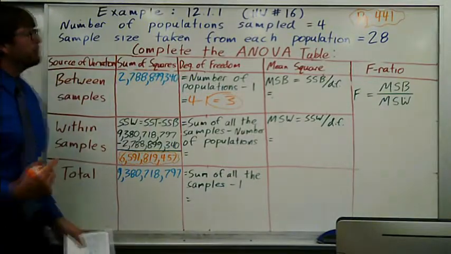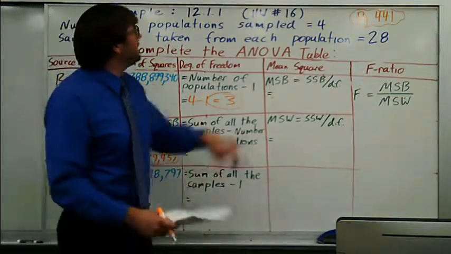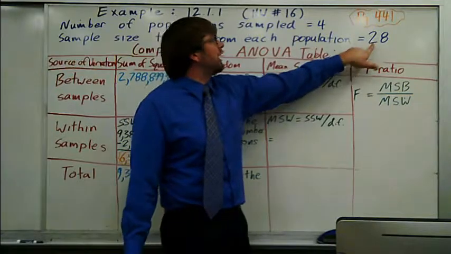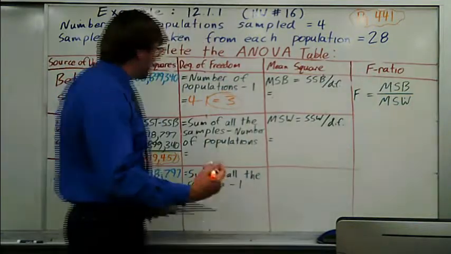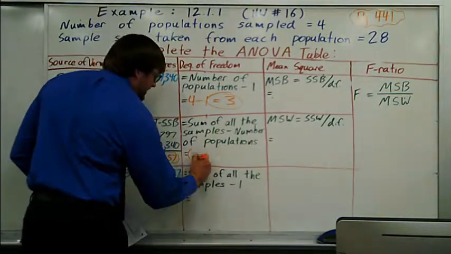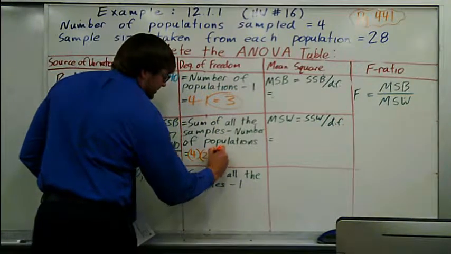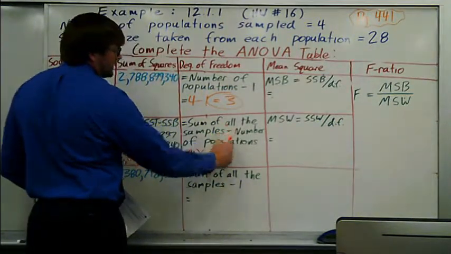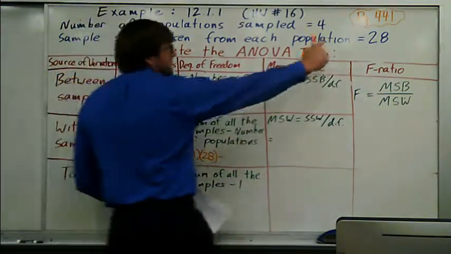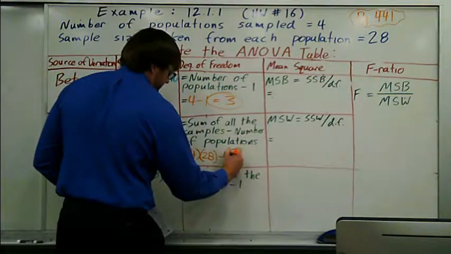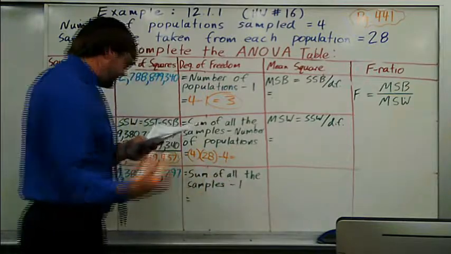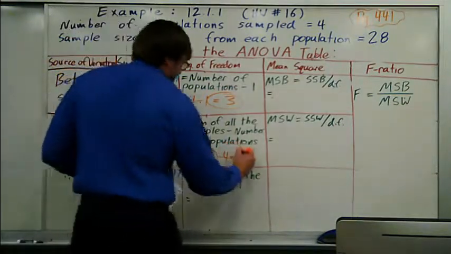For the sum of all the samples, keep in mind, we took 4 samples of 28. So to get the total number of samples, that would just be 4 multiplied by 28. And then we have to subtract off the number of populations, which is, again, 4. And that comes out to be 108.